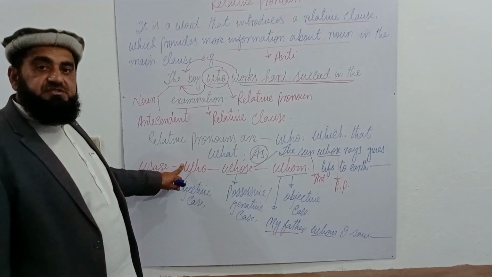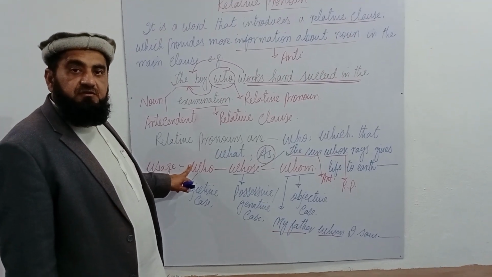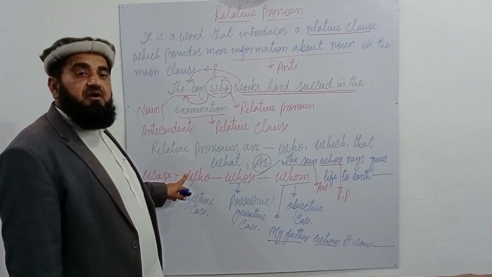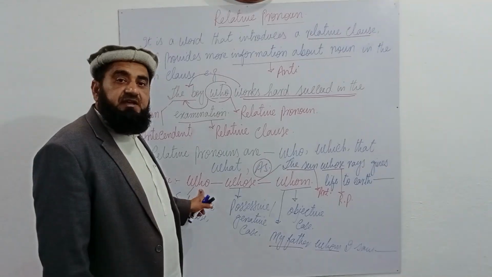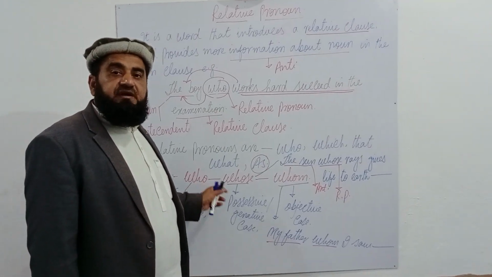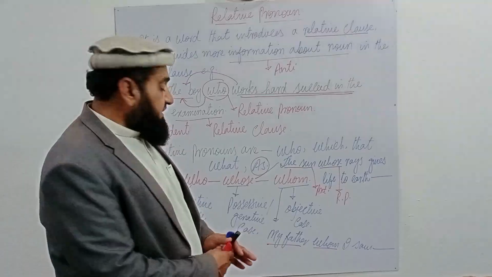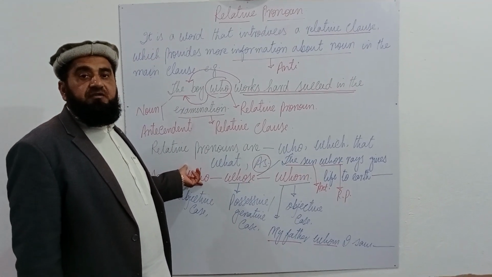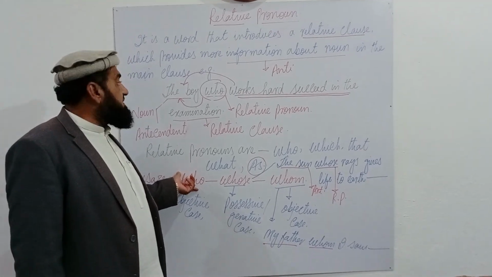Who can be used for persons only. Keep in mind, it can't be used for animals or non-living things. So you can detect a grammatical flaw if we are using who for animals or non-living things.